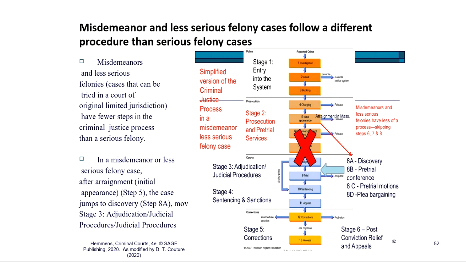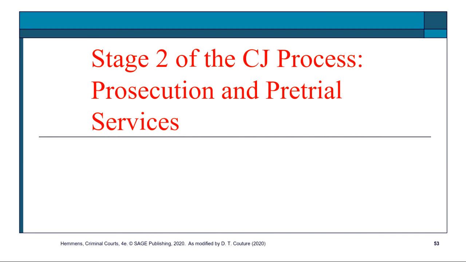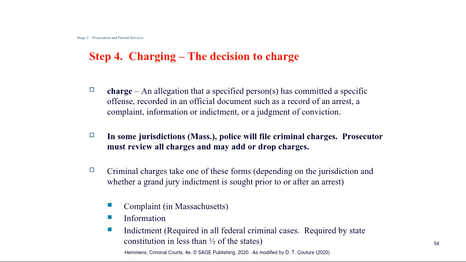So the charging document is prepared by law enforcement in Massachusetts. In other states, it is not. The charging document does not get prepared until the case comes into court, and then the prosecutor is the one that makes those decisions.